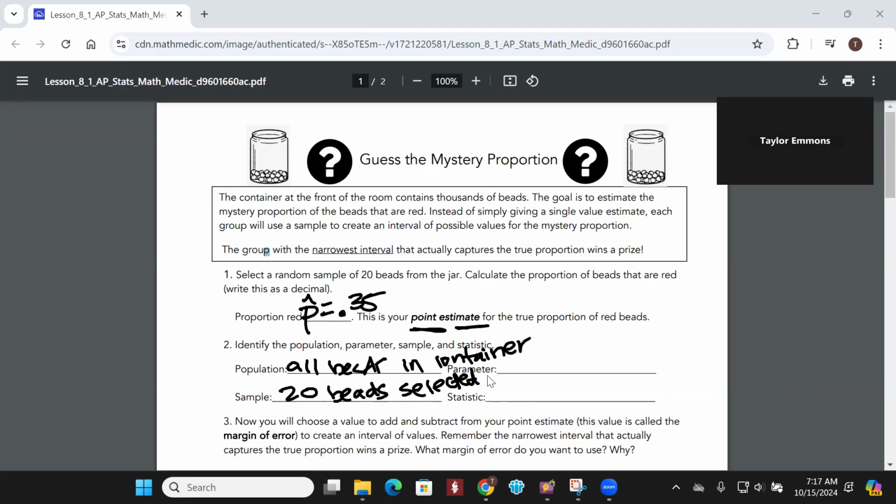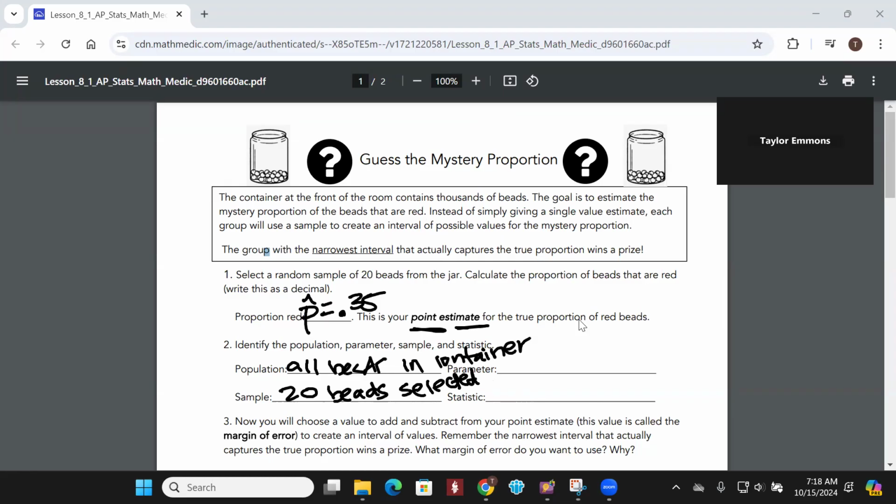We've been talking about parameter and statistic. Parameter goes with which one? Population or sample? Population. Okay. And then statistic goes with the sample. The best way I remember this is PP and SS, right?